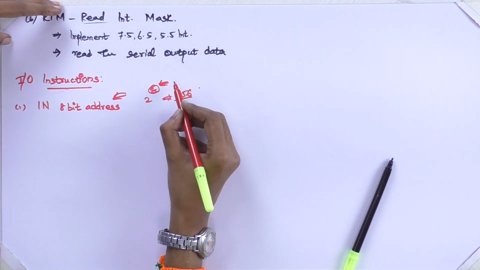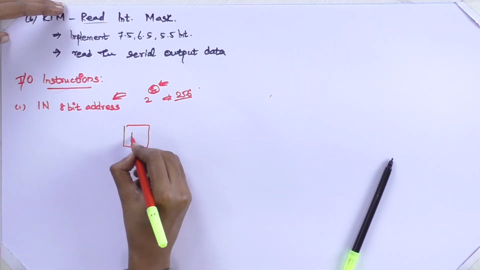This 8 is nothing but the address value, that means the 8-bit address. Each and every input output device is addressed by using 8-bit values. But in case of memory, each and every memory location is addressed by using 16-bit values. But here in input output we are using 8-bit addresses.